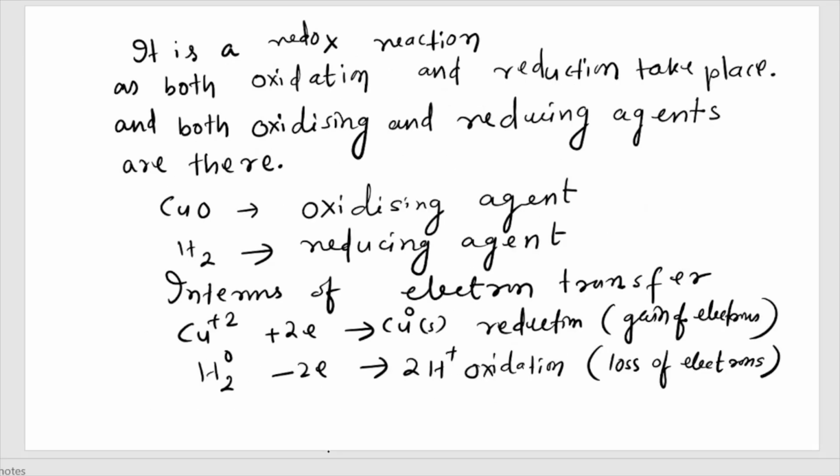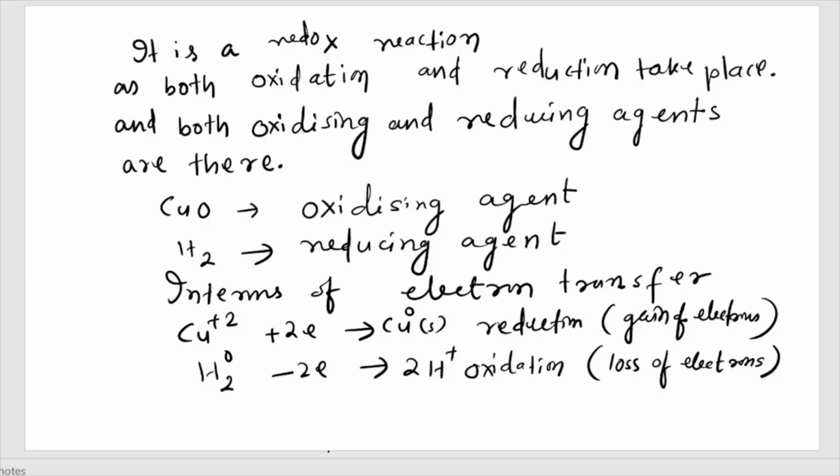It is a redox reaction because both reduction and oxidation take place, and both oxidizing and reducing agents are there. CuO is the oxidizing agent, and simple H2 is the reducing agent. In terms of electron transfer, Cu plus 2 takes electron and changes to Cu with valency 0, that is reduction.